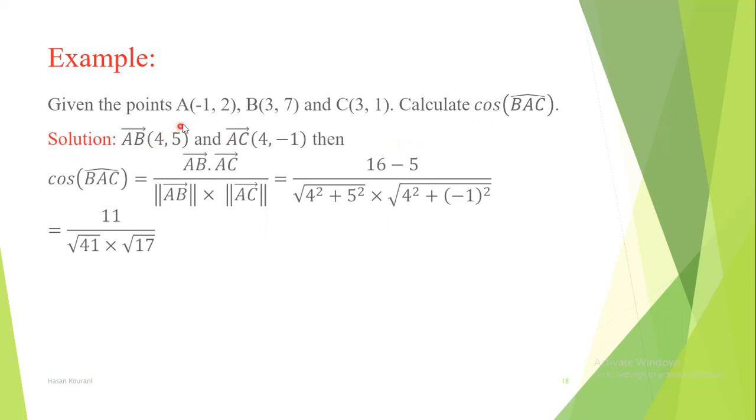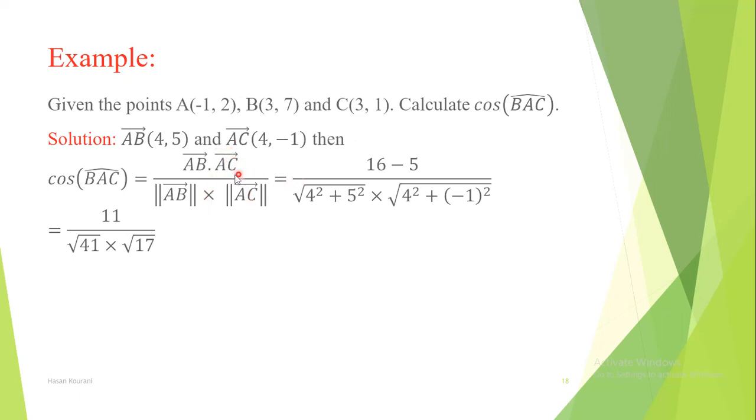As you see, we can easily find the coordinates of AB and AC. And as I said, you stand at the vertex. Even if you don't have any drawing, you are just given this data. By this way, we apply the rule directly: it will be AB dot AC over the magnitude of this times the magnitude of this vector.